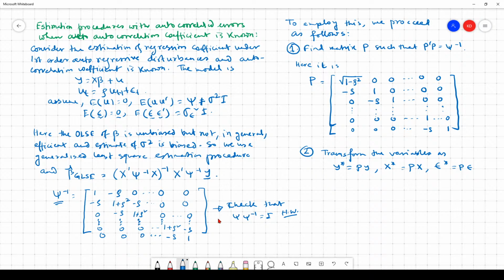Note that the first observation is treated differently than other observations.